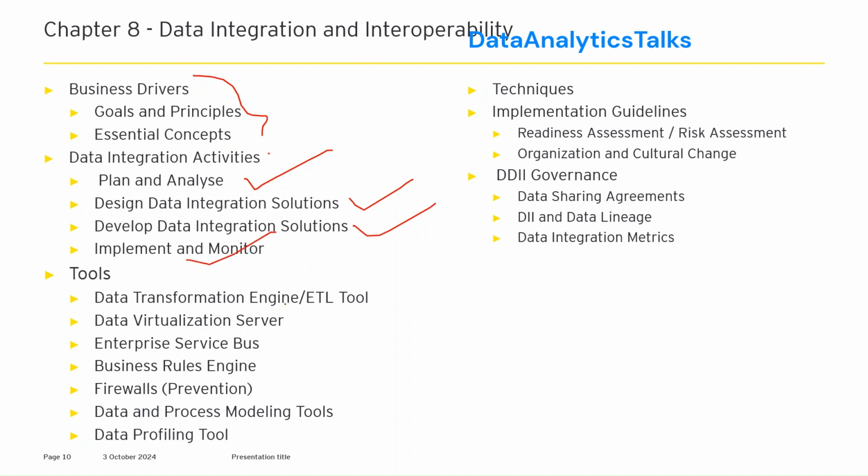And the tools: data transformation engines like ETL tools, data virtualization server, enterprise service bus, business rules engine, then data and process modeling tools, data profiling tools. It also talks about various techniques for data integration and interoperability, then data integration and interoperability governance, data sharing agreements, data lineage, and data integration metrics. So this is all about data integration and interoperability.